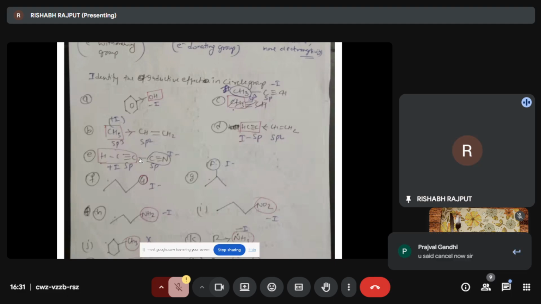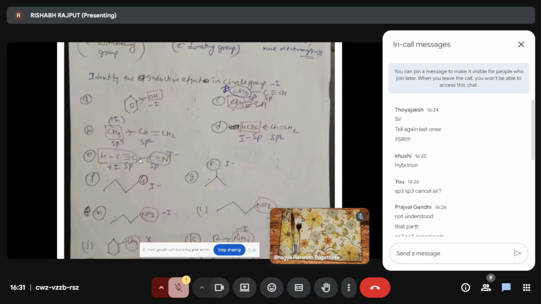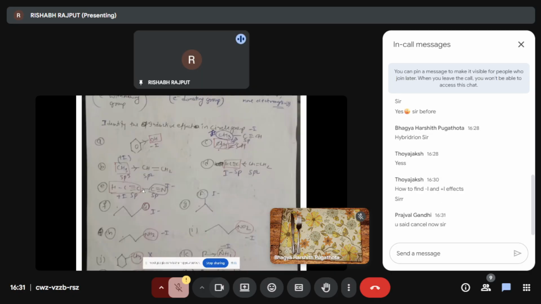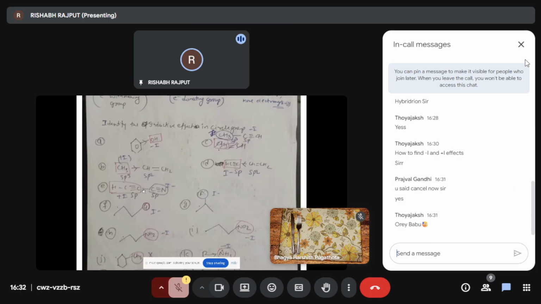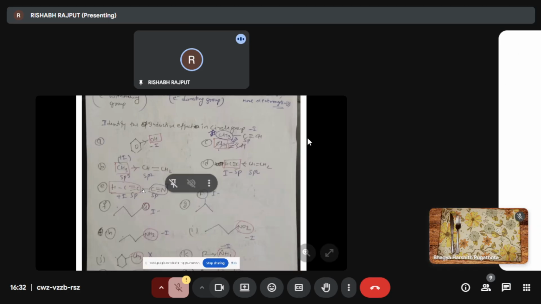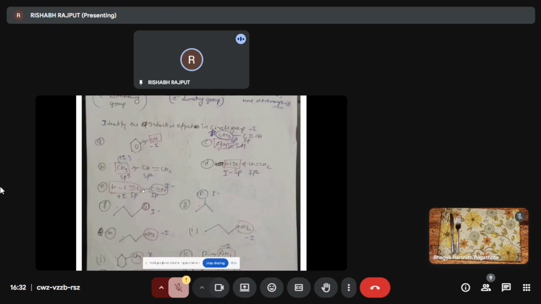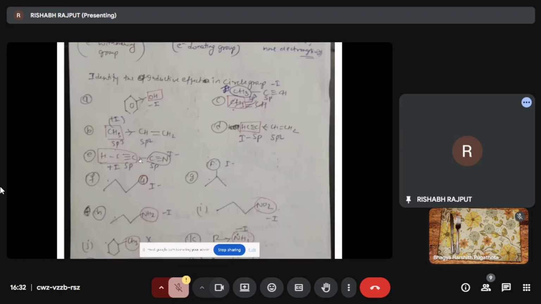See this CN and this cyclohexane, in the E question you are saying, Praswal, that if the hybridization is the same sp, why am I saying plus I, minus I. Actually both are sp hybridization. But if C has a triple bond with C on both sides, then in this case no I effect will be there.